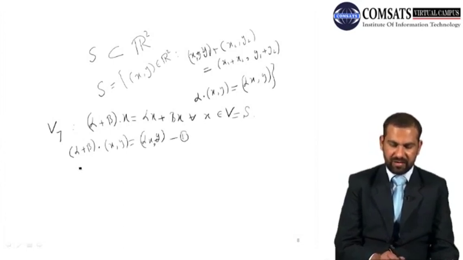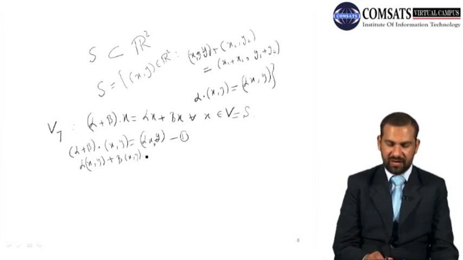On the other hand, what about the right hand side, alpha (x, y) plus beta (x, y)? Here (x, y) are elements of S, which is contained in R square. So by applying the definition of scalar multiplication, this gives us alpha x, y, and from the second one we have plus beta x, y.